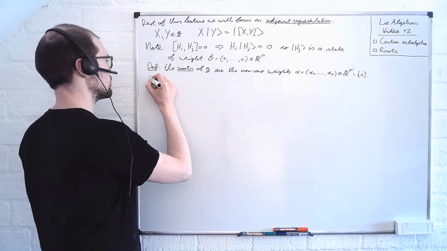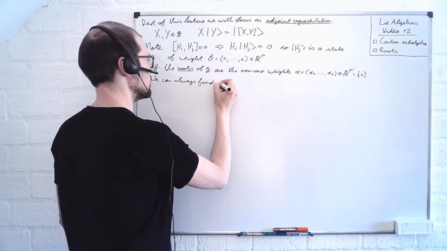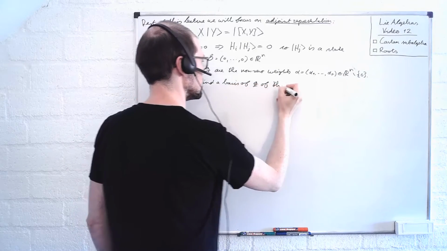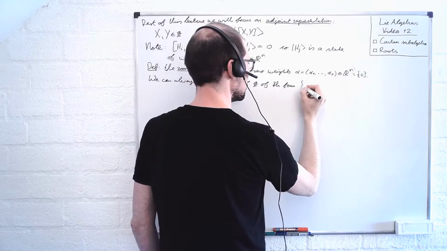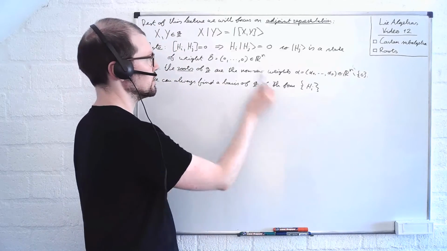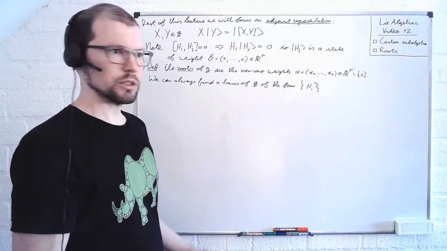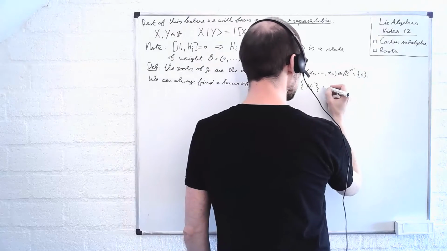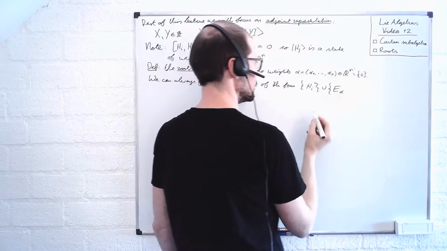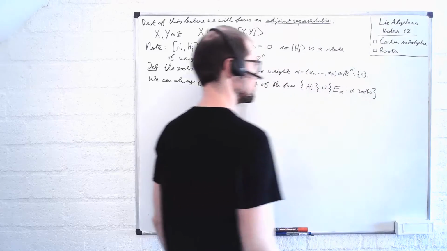So we can always find a basis of G of the form, well, we have the Cartan generators Hi, so these are the vectors with 0 eigenvalues, so 0 weight. And then there are the roots, because those are the ones that have the other weights, the non-zero weights. So let's denote these vectors by E alpha, where alpha ranges over the roots of G.